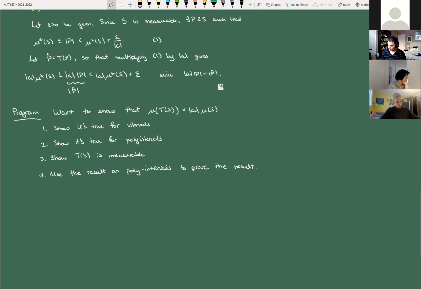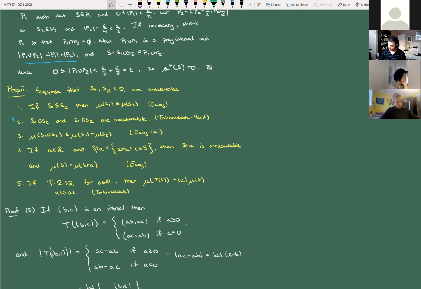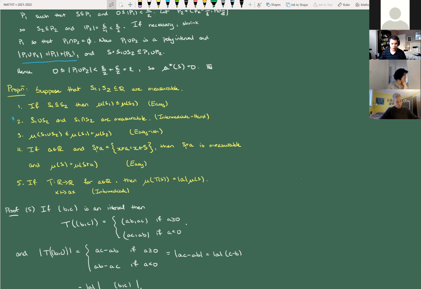Then once you've done this problem, try to grind out some of the easier problems of this proposition. If you can do that, you're in great shape. There's nothing I could throw at you from a measure theory standpoint. Even ignoring number 2, the intermediate hard problem, if you can do the other 4, you're in great shape. So you can use that as your test to figure out how well you understand measure.